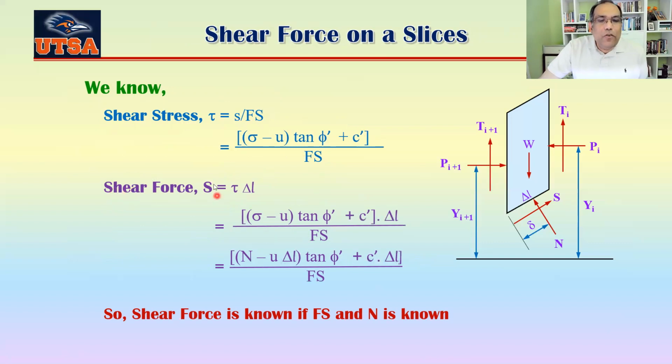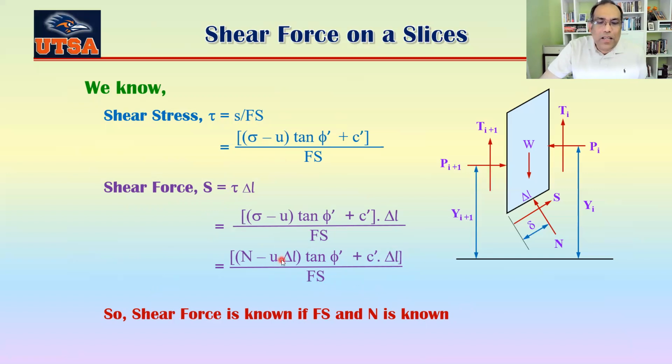So your shear force S is equal to tau multiplied by del L. You can get this relationship from there, which is trying to say that shear force is known if the factor of safety and N are known. Okay, you know the soil properties, so these are known. From the slice, you can find this one easily.